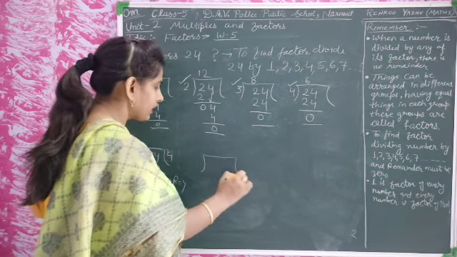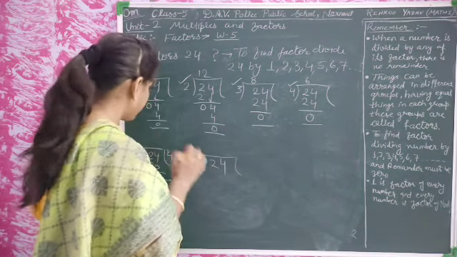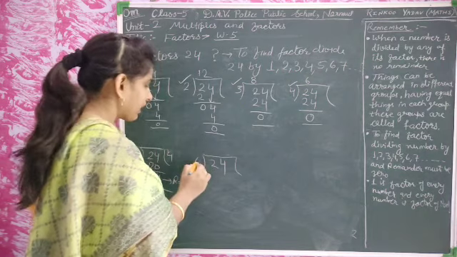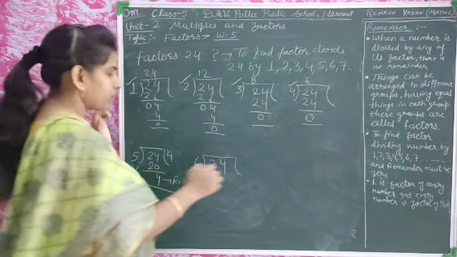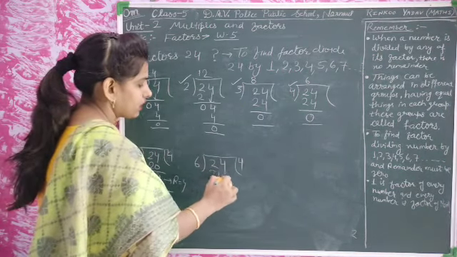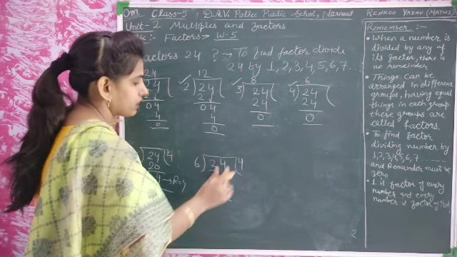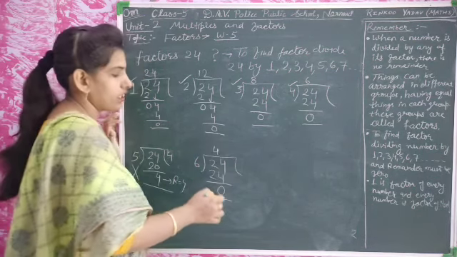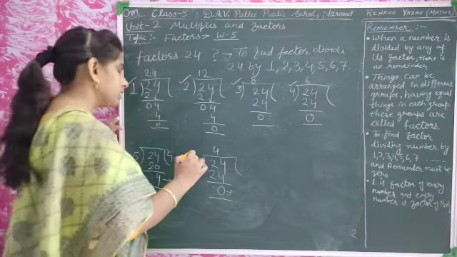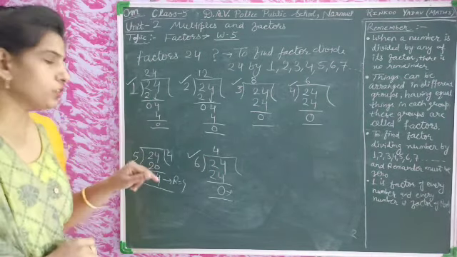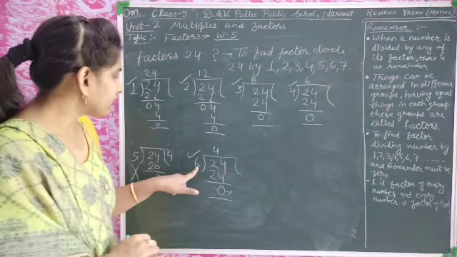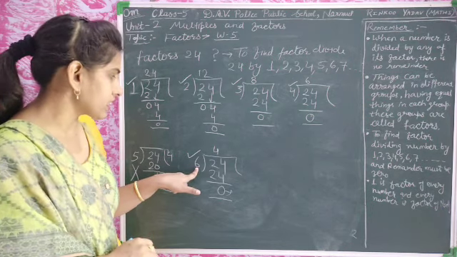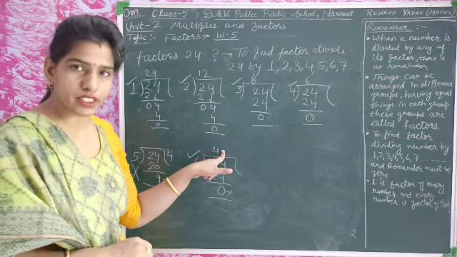Now we will divide 24 by 6. Then 6 4s are 24, and this is equal to 0. There is the remainder 0. It means this is also a factor. But students, you are seeing that if you divide it by 6, the quotient is 4.